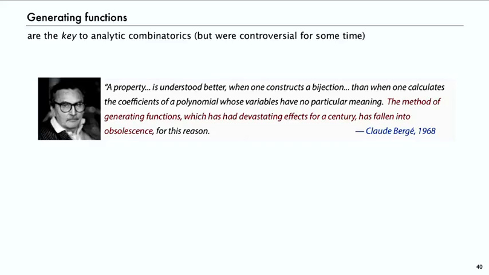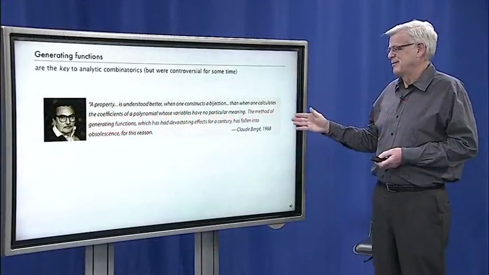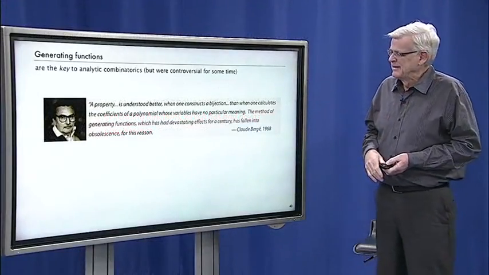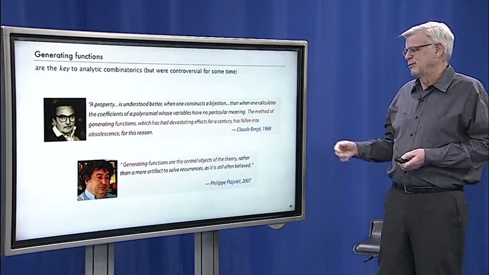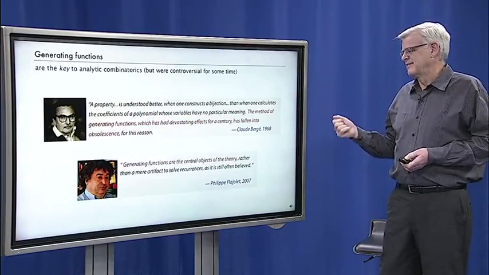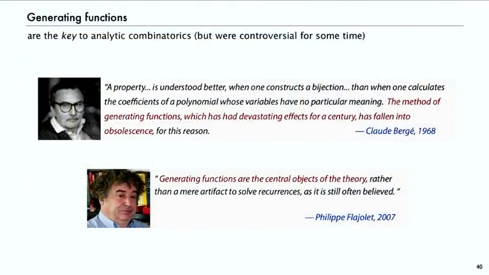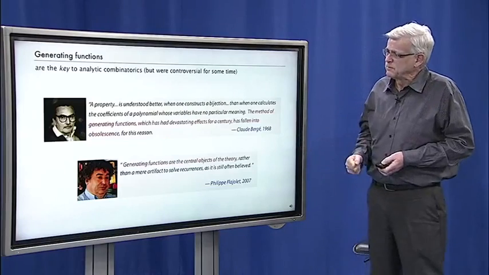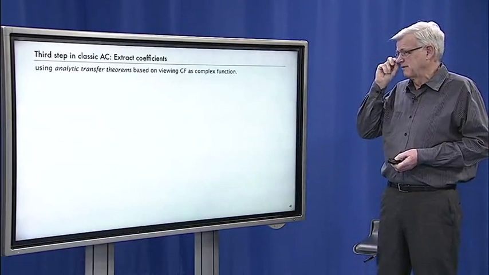The method of generating functions, which has had devastating effects for a century, has fallen into obsolescence for this reason. That was Berge's point of view. Philippe had a completely different point of view. He says that they are really the central objects of the theory, not a mere artifact to solve recurrences, as is still often believed. And we'll see why when we get to the next step of analytic combinatorics.